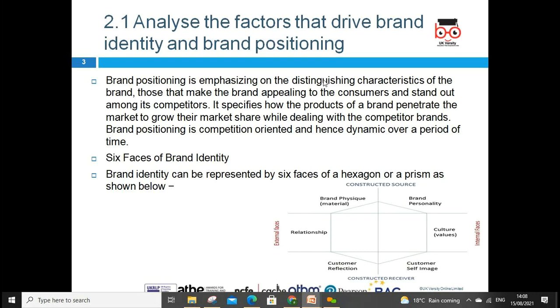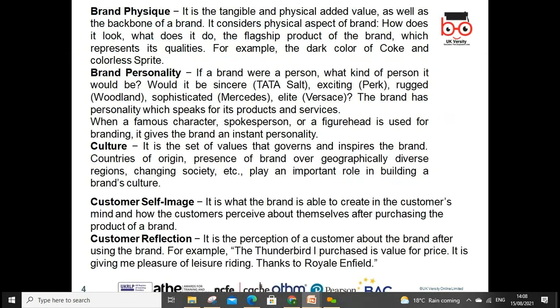That's why in some countries the country of origin is mentioned, because some countries have issues about child labor, equal pay, and gender pay gaps. These things really affect. So we need to make sure the brand we develop is viewed well in the eyes of the customer or client: the customer's self-image, customer reflection, and the relationship between companies.